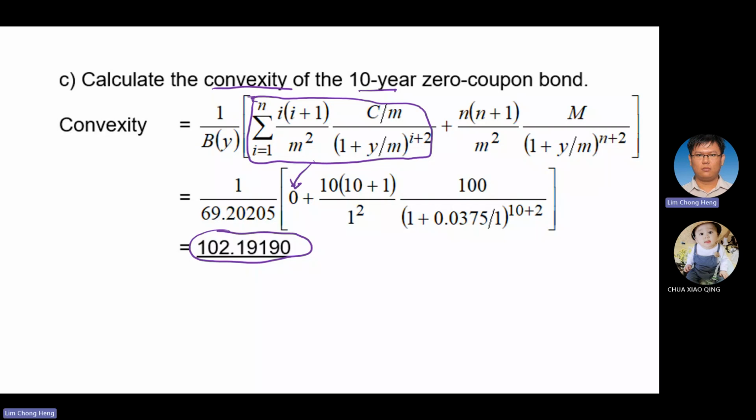If it is a coupon bond, then what you need to do, if you have a five years coupon bond, this portion you need to do it 5 times.